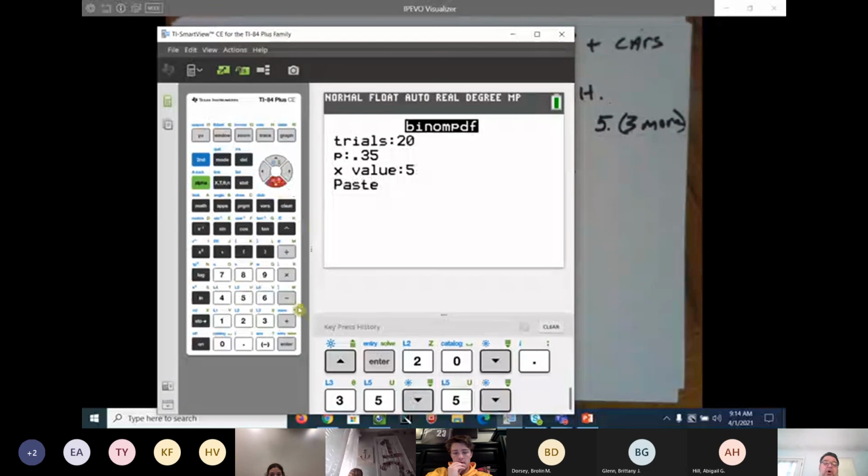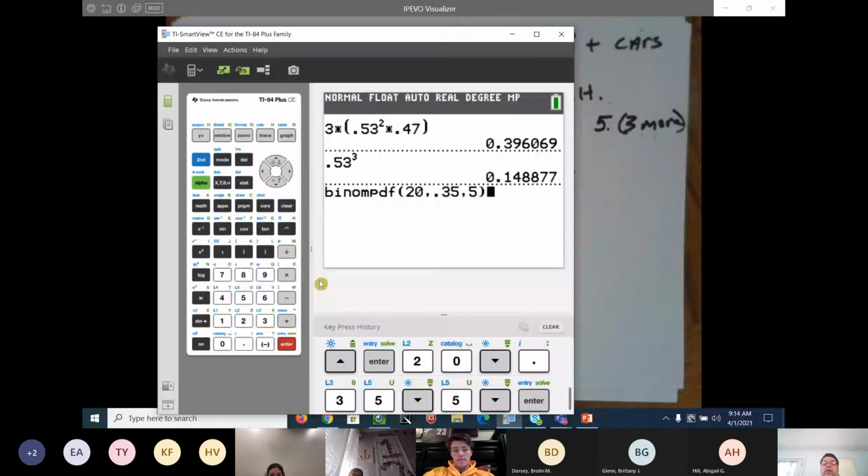And paste. And if you have an older calculator, that's what you type into the parentheses: 20, comma, 0.35, comma, and 5, and hit enter.